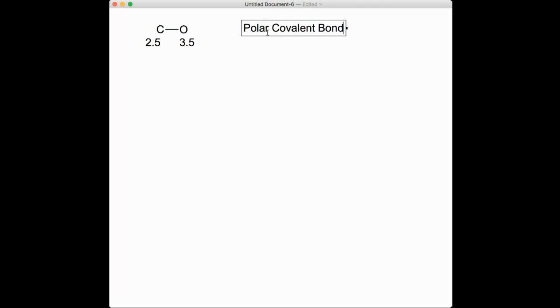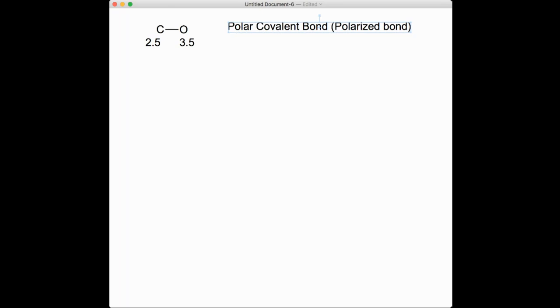So it means that it's a bond which is polarized. A polarized bond means that the electrons in that bond are not equally shared. So they are attracted more strongly by one of the atoms as compared to the other one.